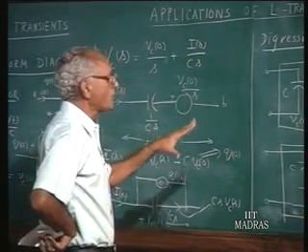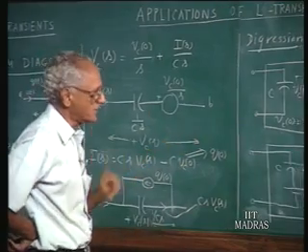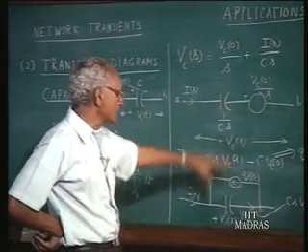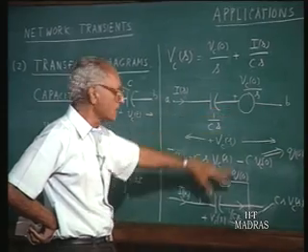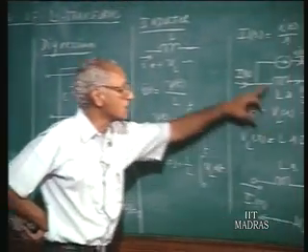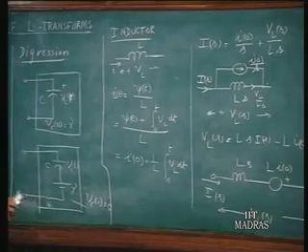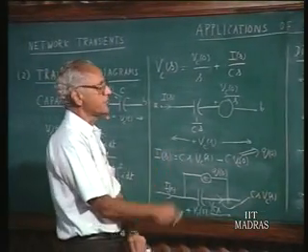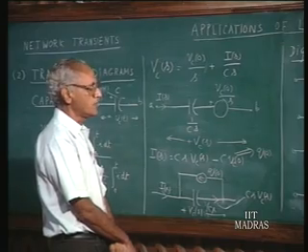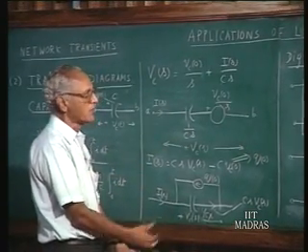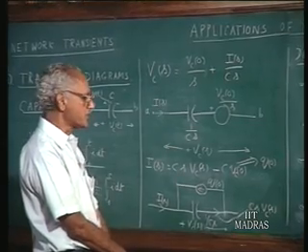Now, for both the capacitor and the inductor, we have two equivalent representations each, one in terms of a voltage source and the other in terms of a current source. We can use either of these equivalents for either of these situations, and depending upon the total circuit configuration, one or the other will be found to be more advantageous in many instances.